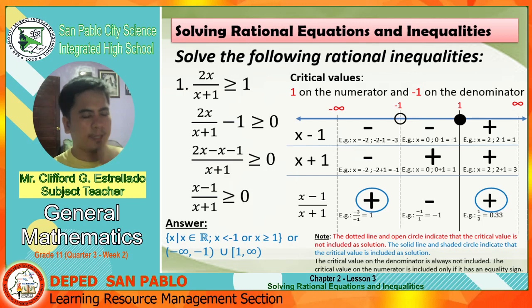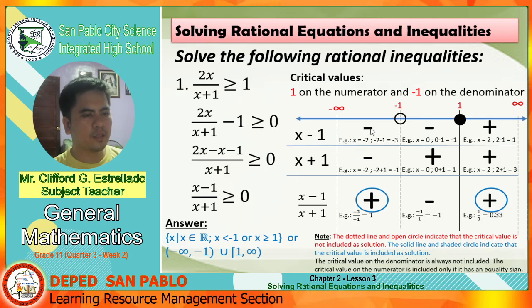Next, we have here x minus 1. So first row, we have x minus 1. Then we can get a test number or test point in each region. From negative infinity to negative 1, we can get negative 2 as the test point. So if x is negative 2, we have negative 2 minus 1 is negative 3.